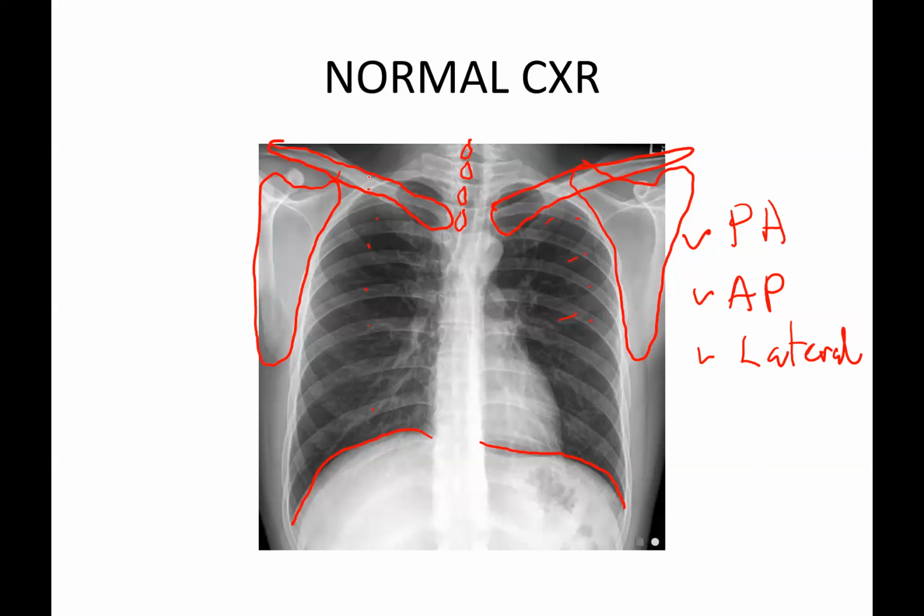In the lateral view, if it is from pericardial effusion, you have obliteration of the retrocardiac space between the heart and the vertebra. When you see that, it will demonstrate more.